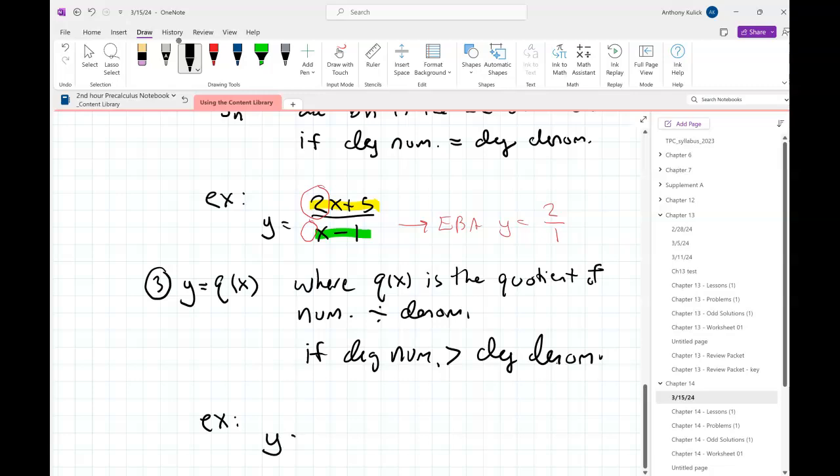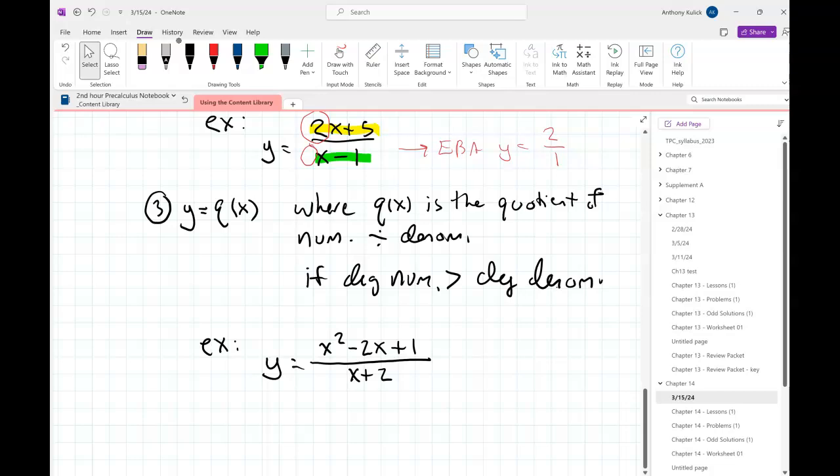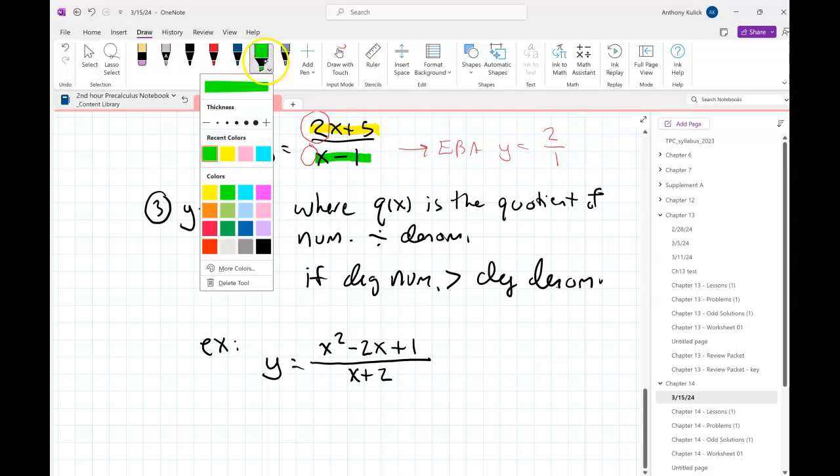So for example, let's say we have y equals x squared minus 2x plus 1 over x plus 2.